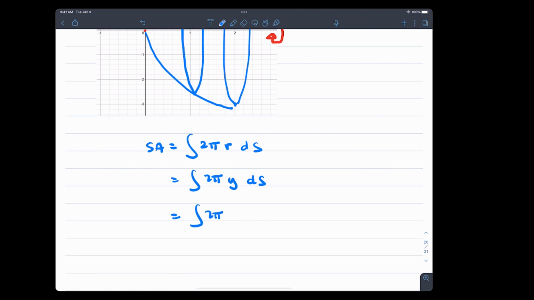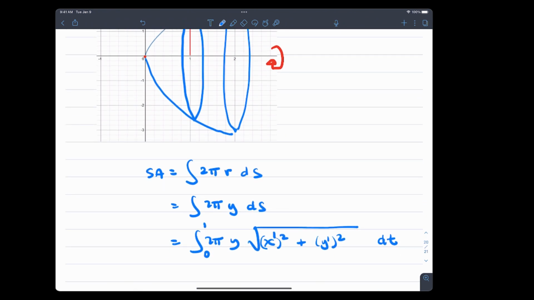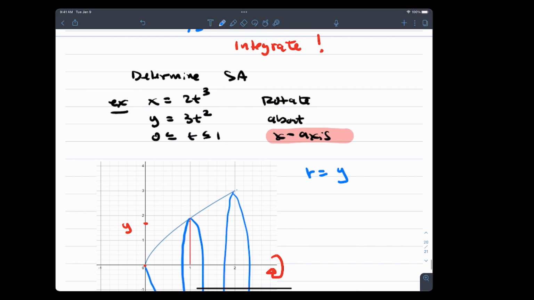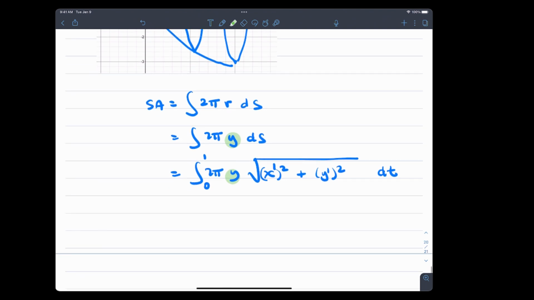And then your ds is the square root of x prime squared plus y prime squared dt, where t is from 0 to 1, because they told you 0 to 1. You didn't have to find that value. But what is y now? Y is 3t squared. So you're going to replace your y here with 3t squared. That's what they want you to do.